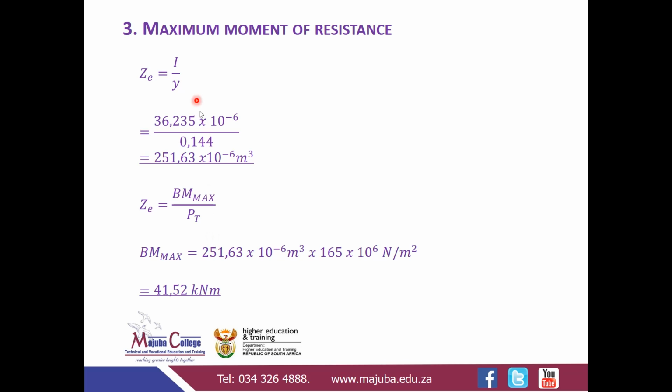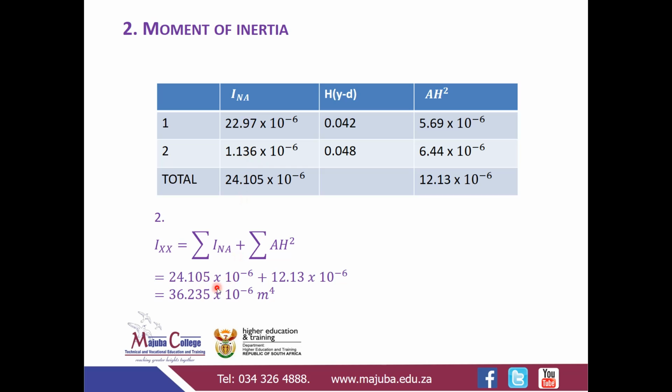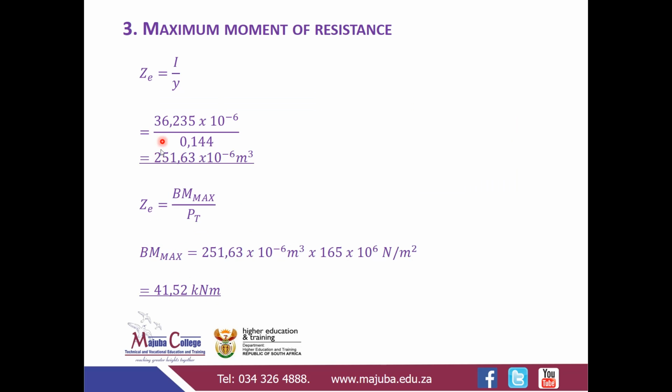All right, maximum moment of resistance. Now that we have our inertia here, we can calculate maximum moment of resistance by saying ZE is equals to I over Y, this formula here. So this one will be your inertia, and this one will be the value or the height of our centroid from the line of reference.